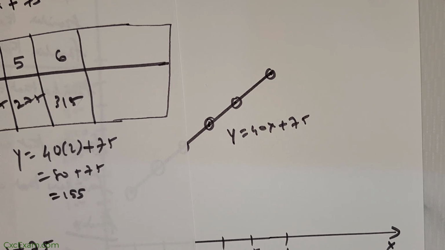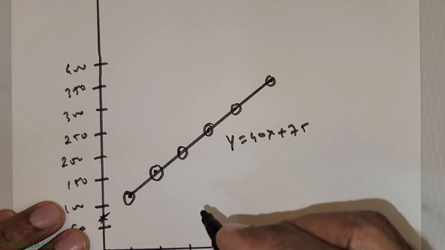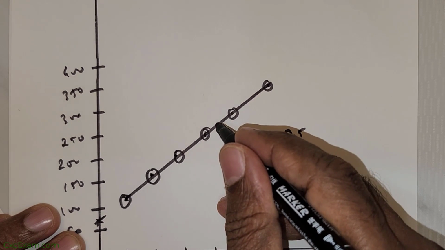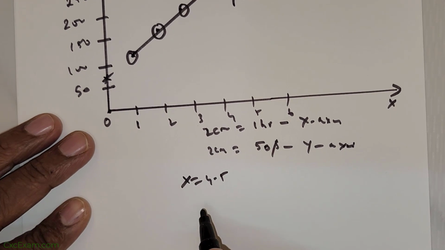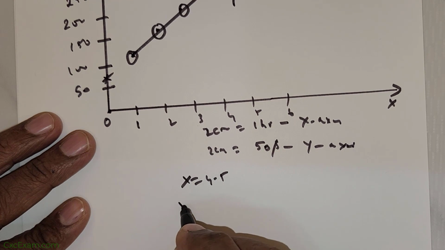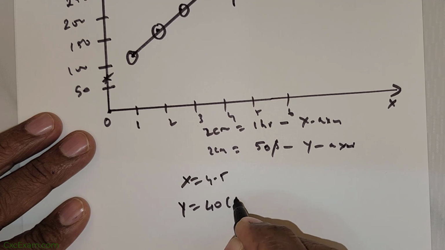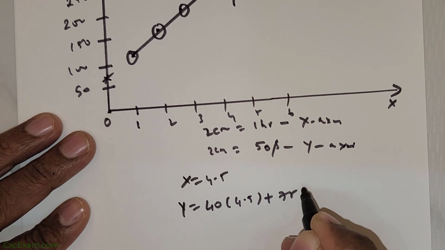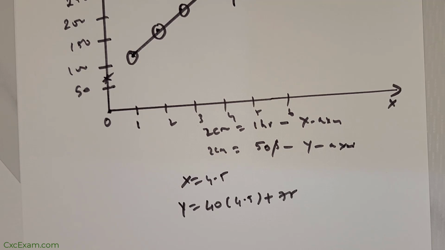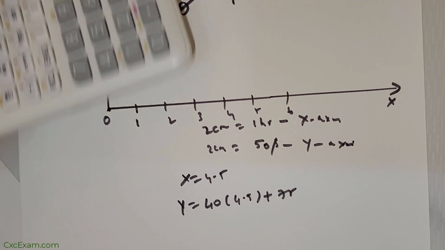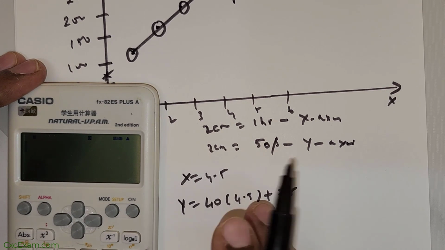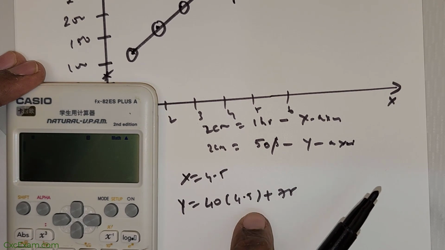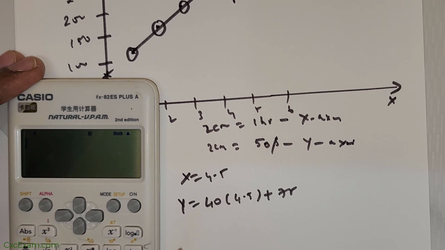Now, using your graph, find the total charge when the time is 4.5, x is equal to 4.5. To be on the safe side, there's no harm in writing the equation and substituting the value.